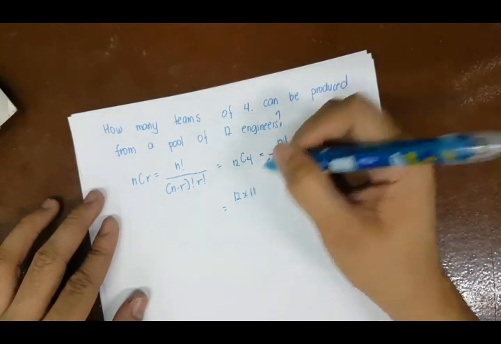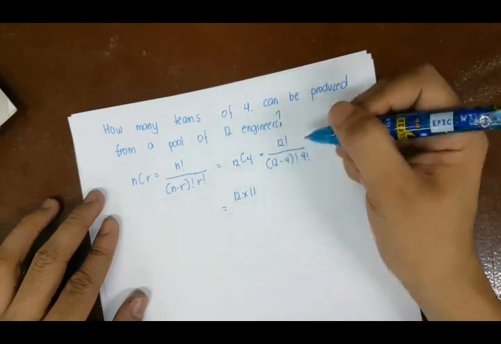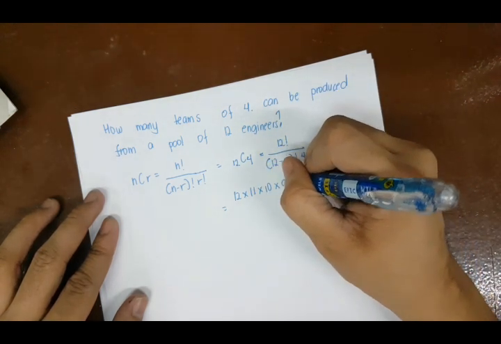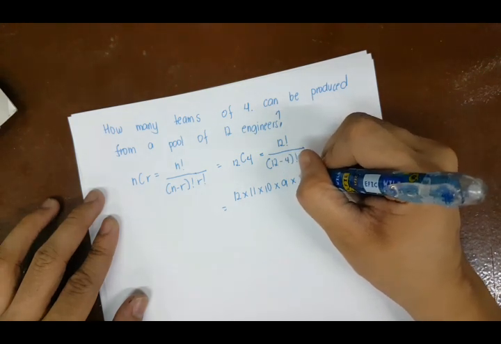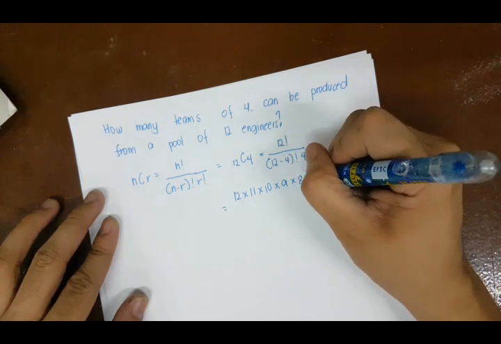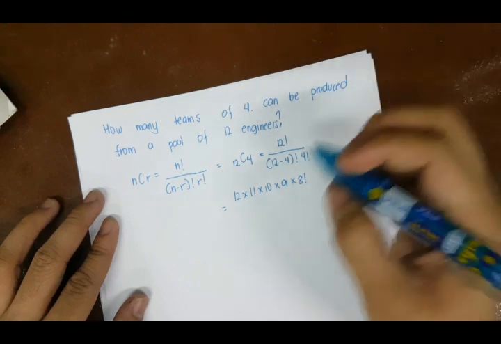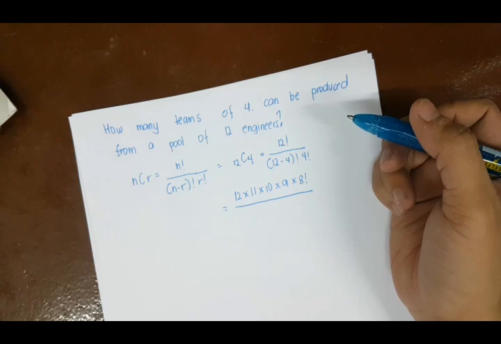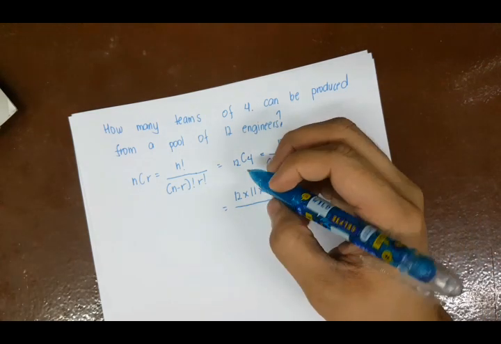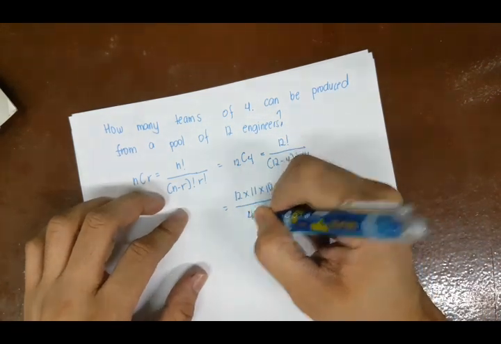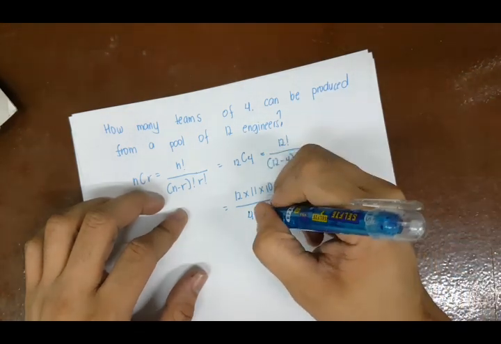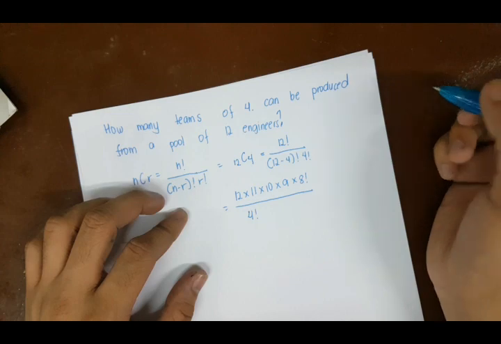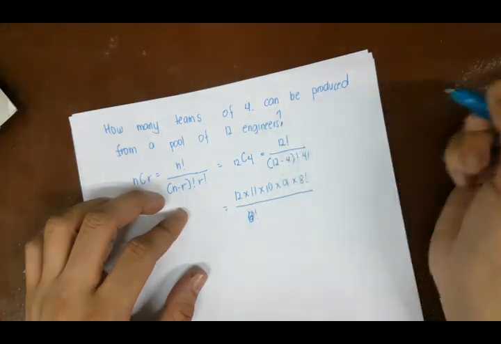So this is equal to 12, again multiplying all the numbers until 1: 12 times 11 times 10 times 9 times 8. And I want you to stop at this. I'll explain later. So 12 minus 4 factorial is 8 factorial, sorry.